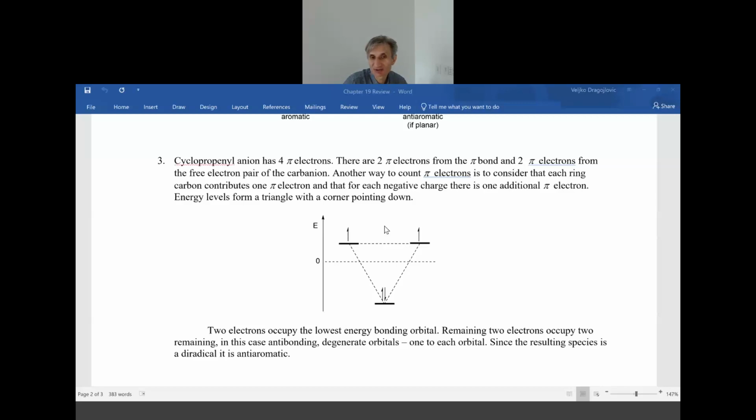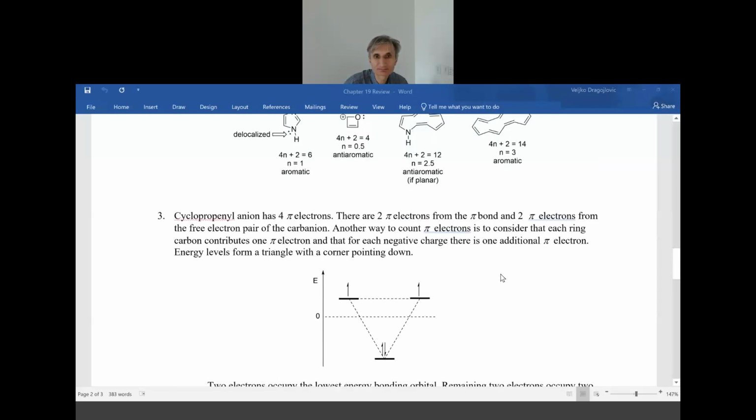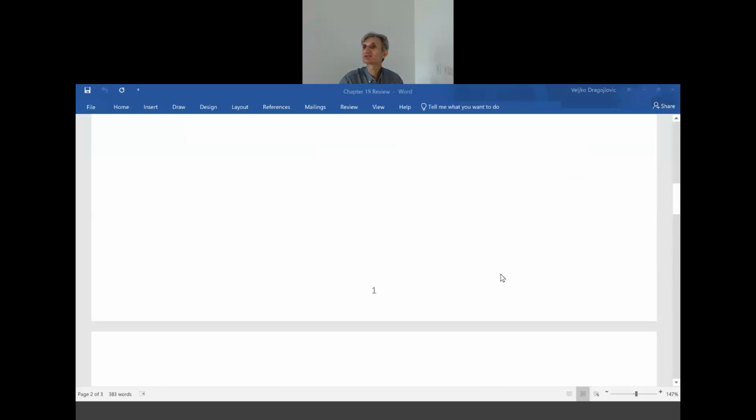It doesn't matter. It just happens that these are antibonding orbitals. It just makes it even less stable. But as long as there are unpaired electrons, that's an anti-aromatic species. So unpaired electrons in a molecular orbital diagram means an anti-aromatic species. Any questions?